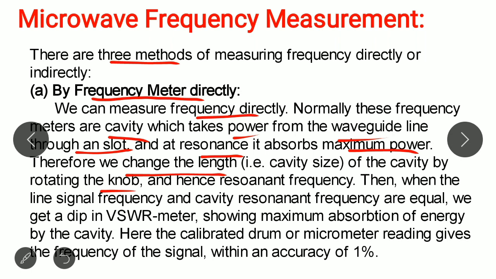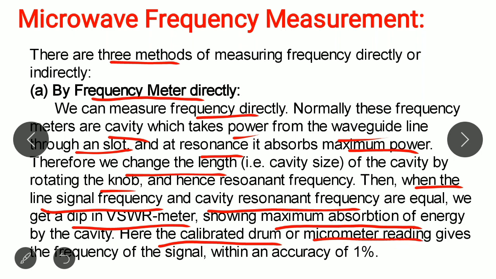When a signal frequency, a microwave frequency, and the cavity resonant frequency are equal, we get a dip in a VSWR meter, and this shows that there is a maximum absorption of energy by the cavity, and hence a calibrated drum or a microwave reading gives the frequency of the signal.